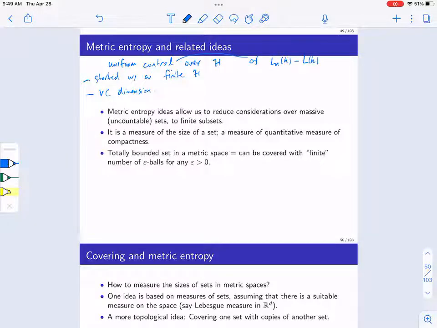And the VC dimension idea is that things are roughly finite when restricted to a finite set of points, but then these points are random, they're training points. So we couldn't exactly use this, so we went to the Rademacher complexities.